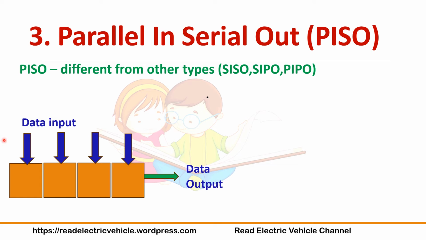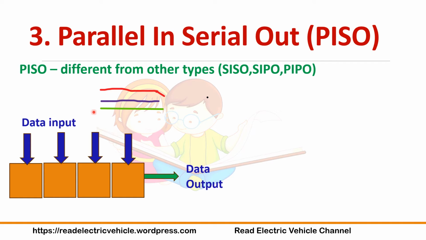Since it is parallel loading, if we give another data, it will overwrite here. So some complexity is involved in this parallel in serial out shift register. We will see how to design it.